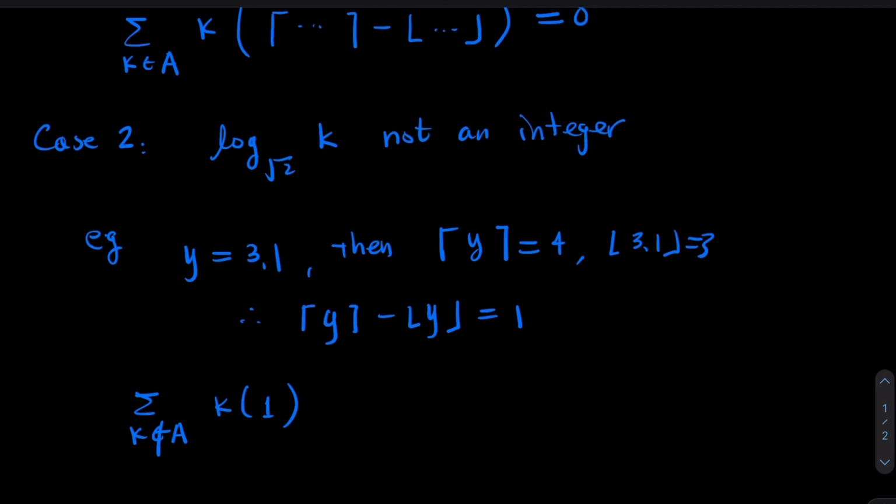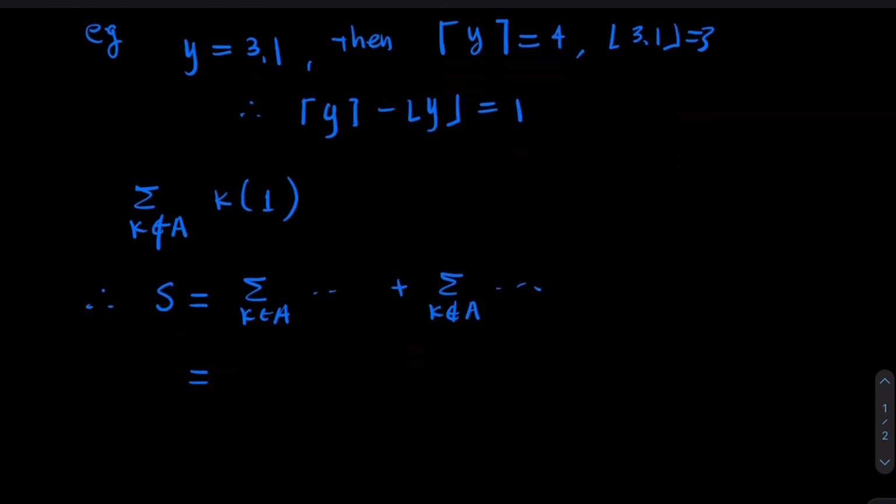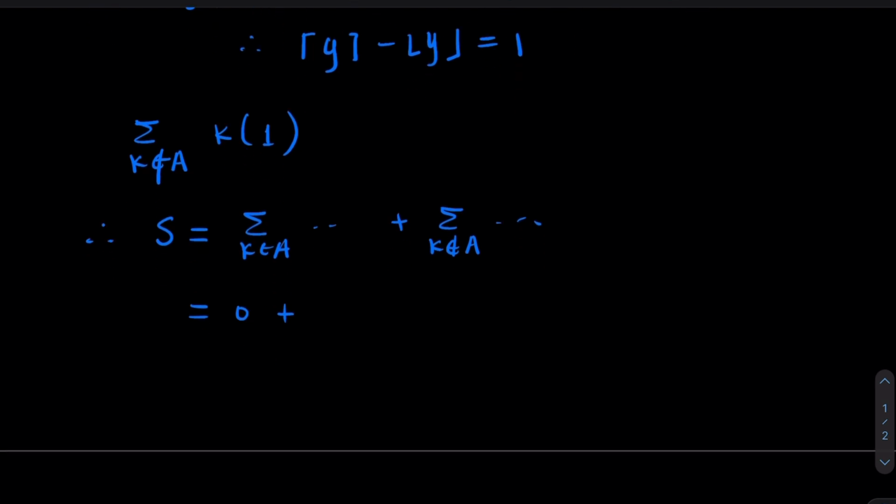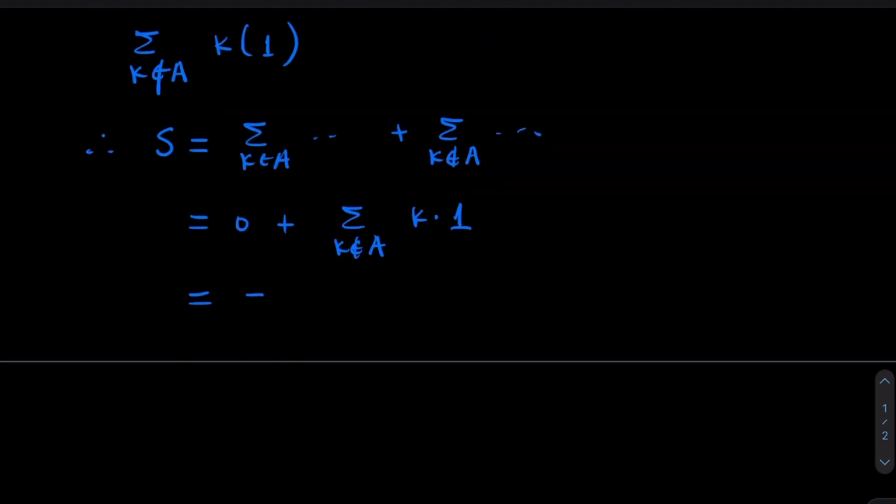So this seems to be just the normal sum of k numbers, but how do we actually figure out what the sum is? We are going to ignore the set A right now, and just sum from k equals 1 to 1000 of k. Then we can subtract the sum over A from that, and that will give us the sum that we are looking for.